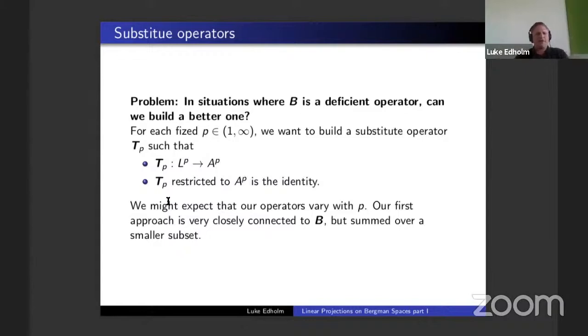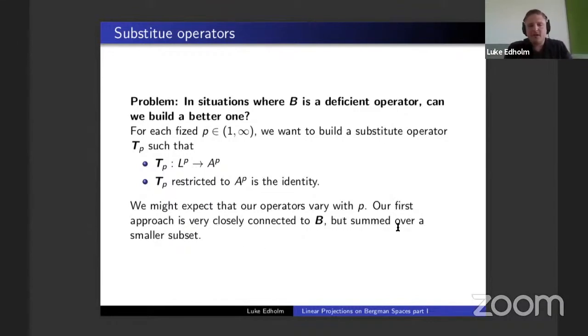We might expect our operators to actually vary as we change our p value. With the Bergman projection, you're taking the Bergman kernel, which is built up from L2 stuff and then seeing how it spreads into other spaces.